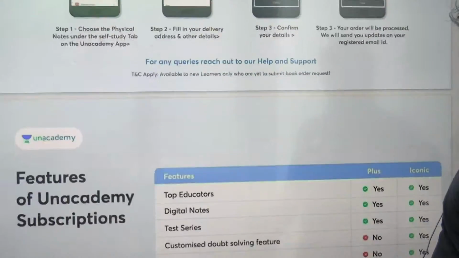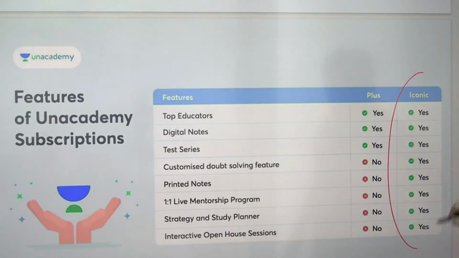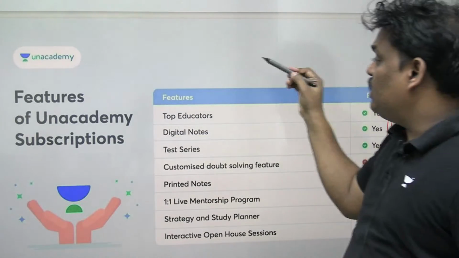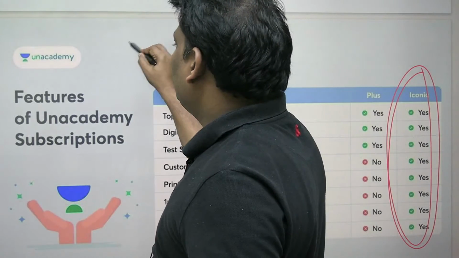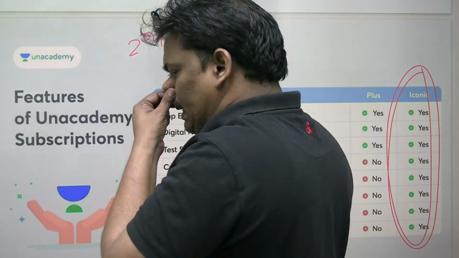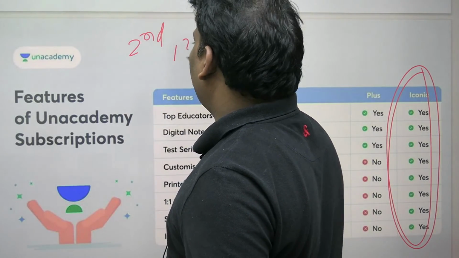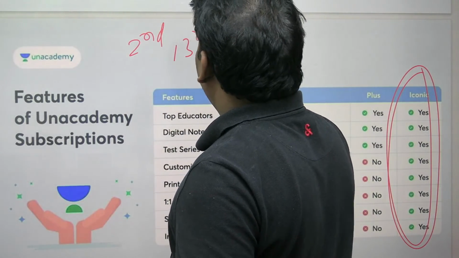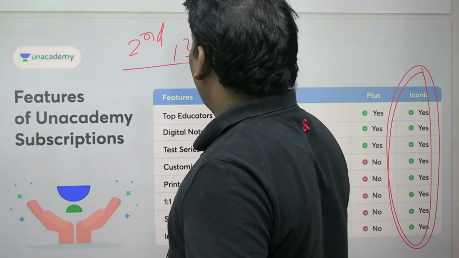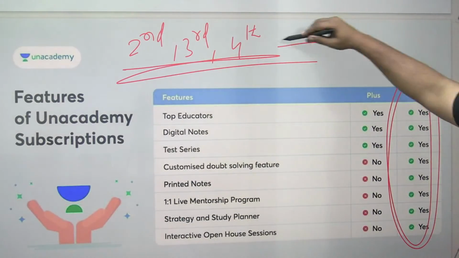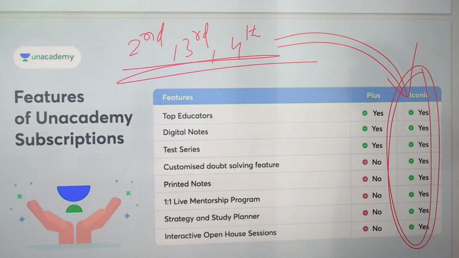If you go for Iconic, you get many advantages. My suggestion is that second year people can attend these lectures; you can start Algo. Third year and fourth year people can also comfortably follow. Learn subjects properly.